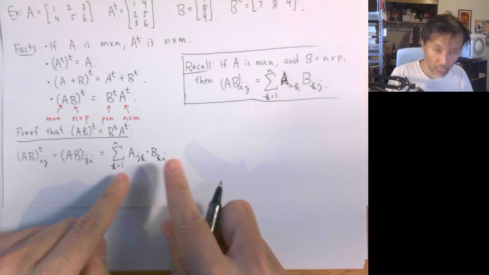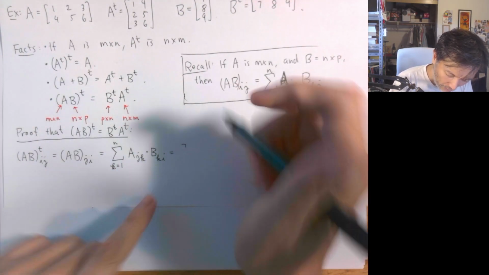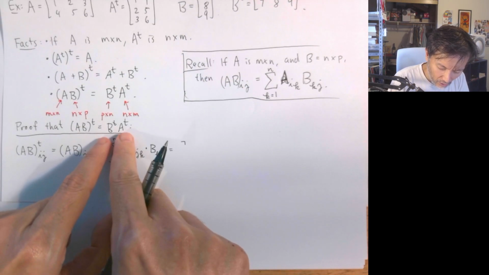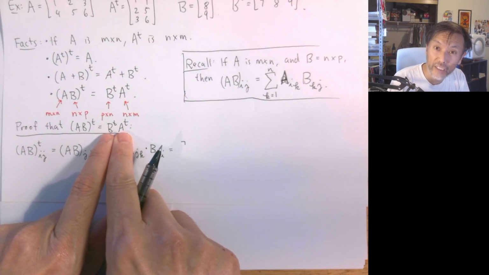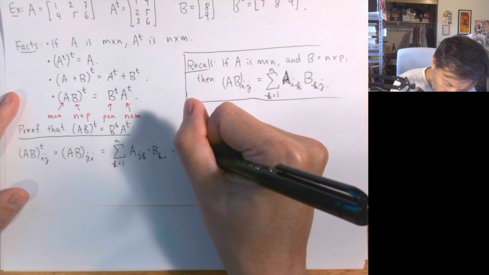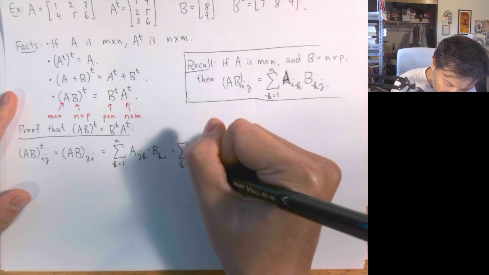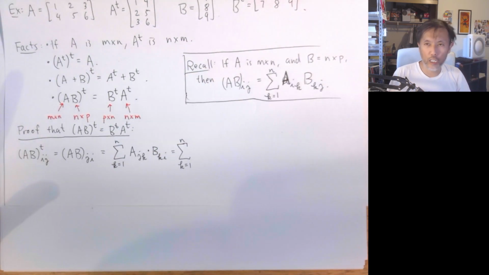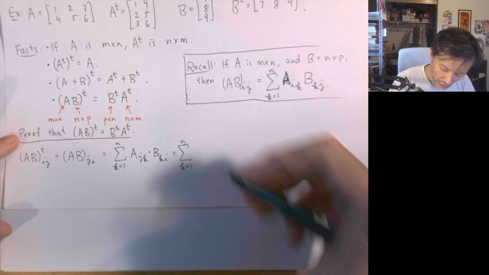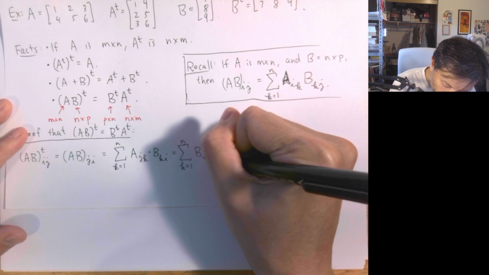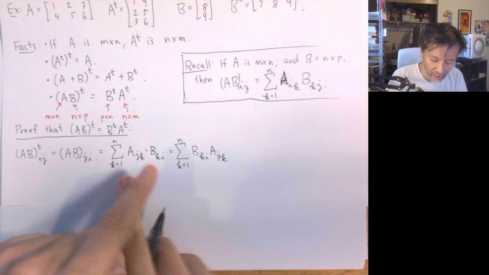Now I'm going to write this in the other order, because I'm trying to get this to look like the ijth entry of this. This is just me using the commutativity of multiplication of real numbers, and I get b_ki a_jk.